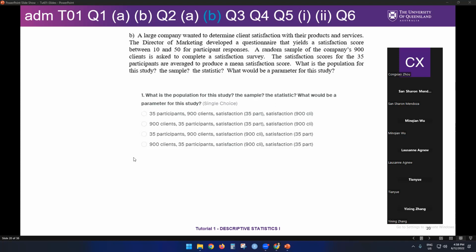And then you'll see later that the satisfaction scores for the 35 participants are averaged to produce a mean satisfaction score. It's another device there. So is it the sample or the parameter or the statistic?